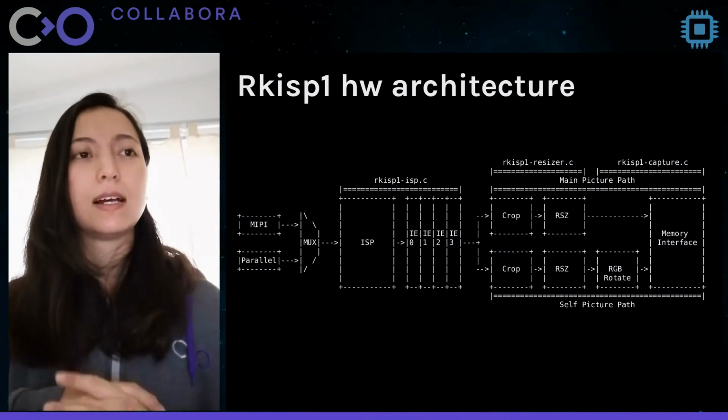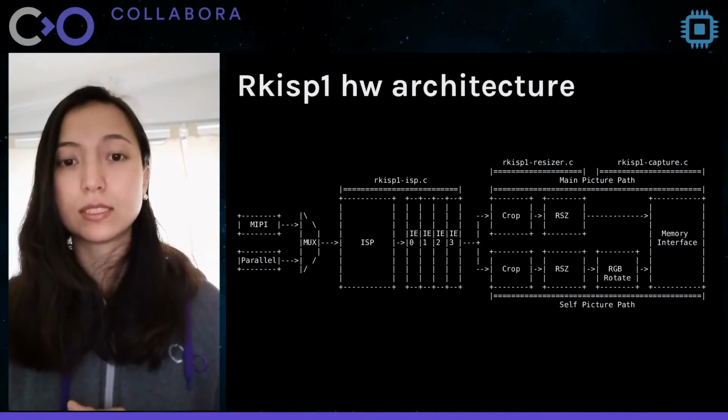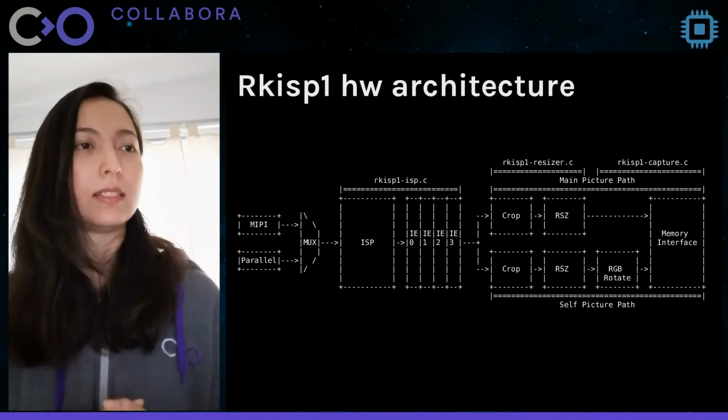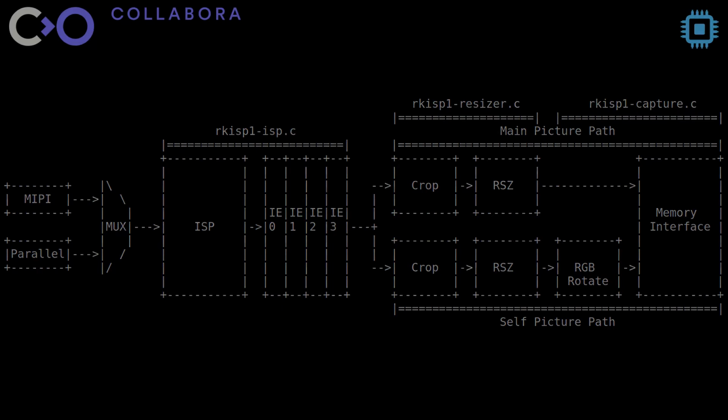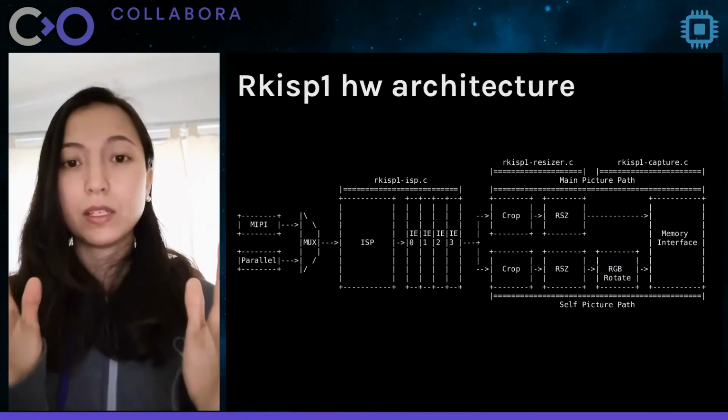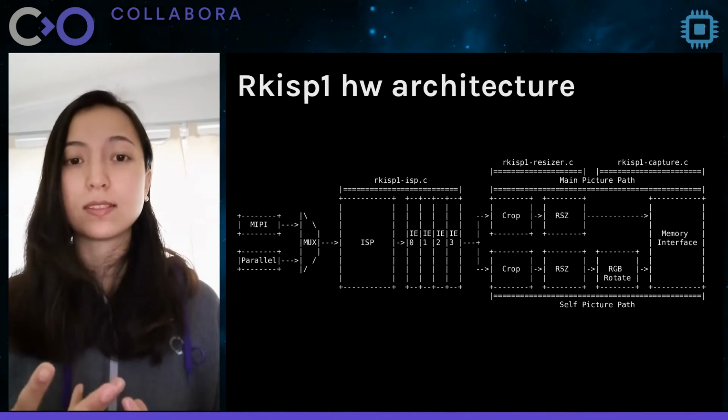So this is the hardware architecture of the Rockchip ISP. The image can come from those two buses. One is the MIPI DPHY that we mentioned, and the other one is the parallel bus, but the parallel is not implemented in the driver right now. Then the image goes to the ISP to perform some kind of processing.